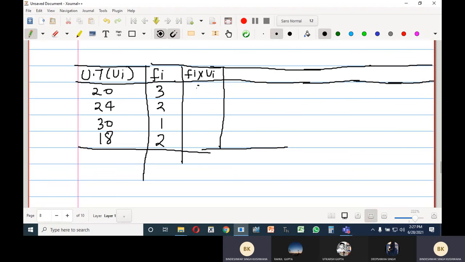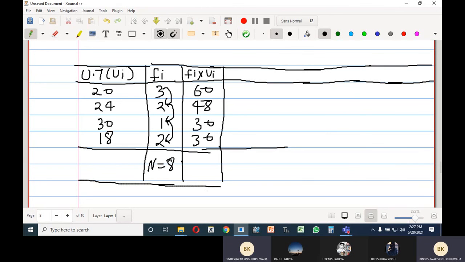Okay, so 60, thereafter 48, thereafter 30, and thereafter 36. Okay, see that. Here you will write n is equal to 3 plus 2, 5, 5 plus 1, 6, 6 plus 2, 8, n is equal to 8.